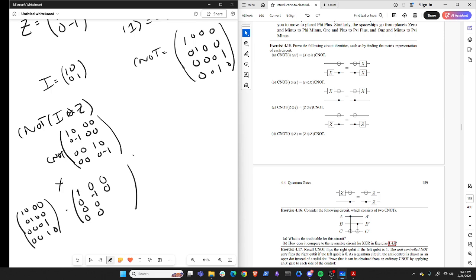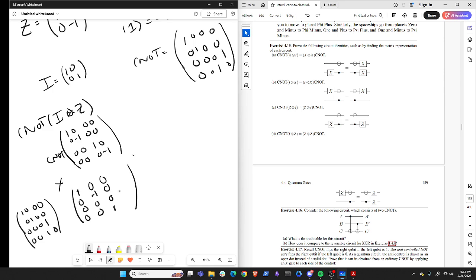Sorry, where are we at here? Third value to there. 0. No, sorry. That's not a 0. That is a 1. Yes, that's a 1.